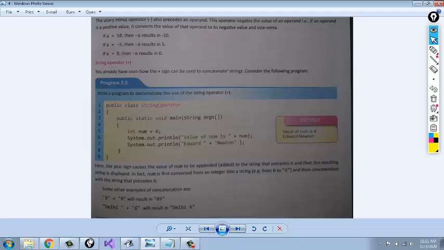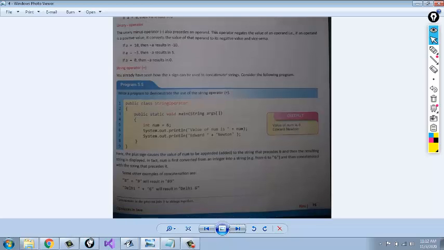You can see value of num is 6, we got it as a single sentence, because this value 6 is concatenated with this string "value of num is". Similarly, System.out.println "Edward" plus "Newton". These are two strings, and using this string plus operator we are joining these two strings together, and it will make a single string, Edward Newton. I hope you could understand.